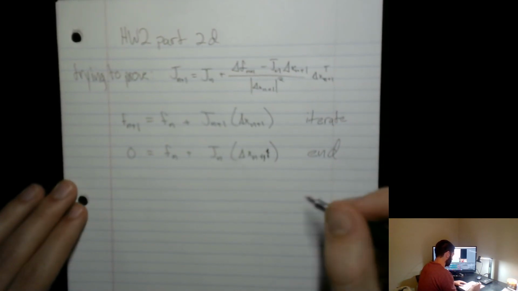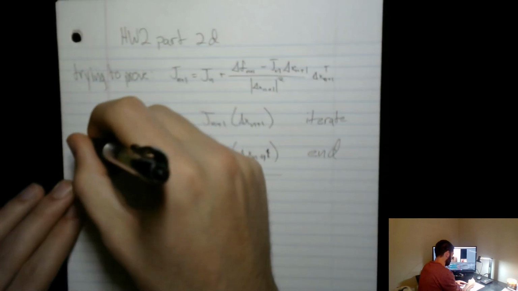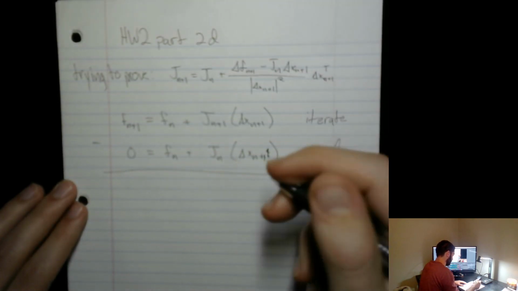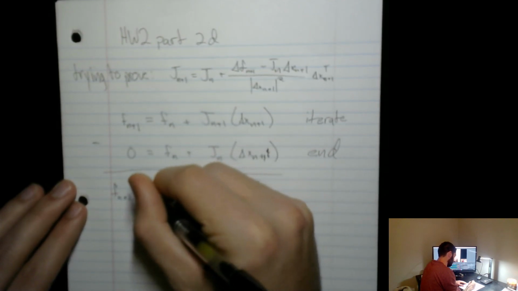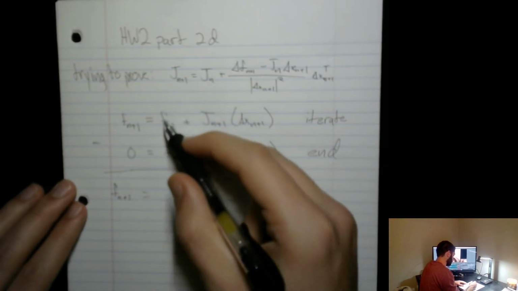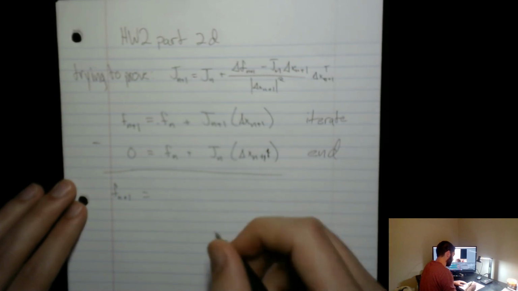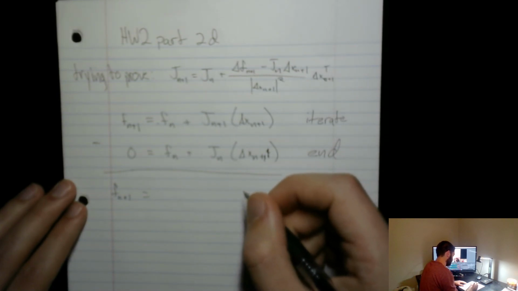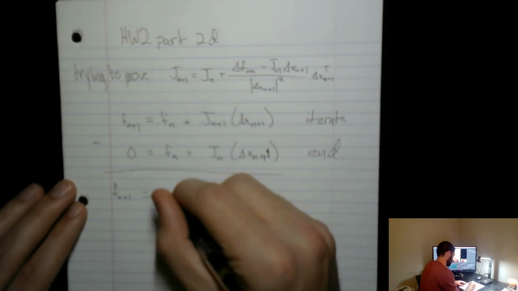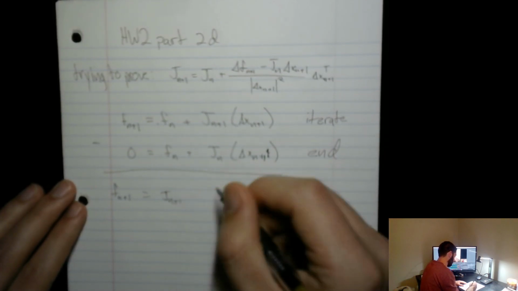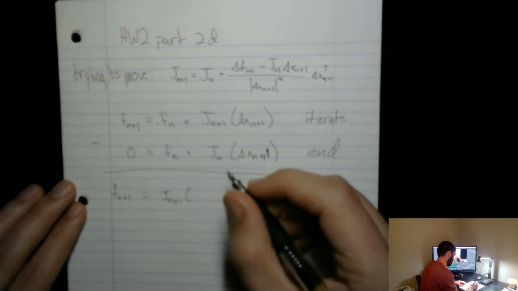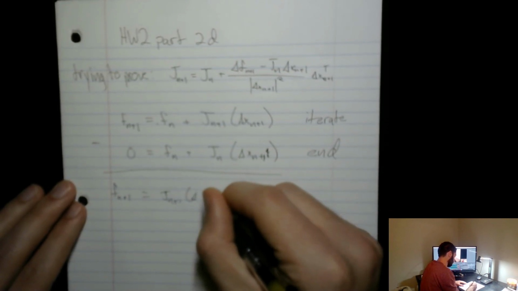So what we can do is subtract these two equations, and what we're left with is f of n plus 1 equaling, the f of n's cancel since we're subtracting, j n plus 1 times delta x minus jn times delta x.